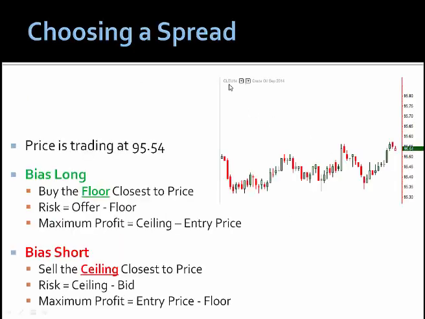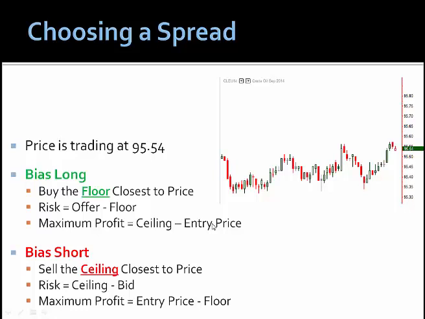Now in this example we have crude, and right now it's actually trading at 95.54. So if your bias is to the long side, you're going to buy the floor that is closest to price. Your risk is your offer minus the floor. The maximum profit is the ceiling minus the entry price.